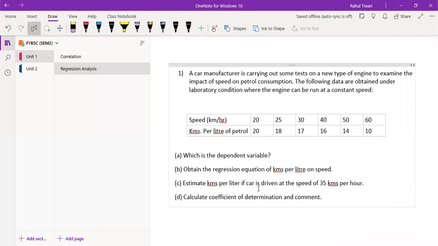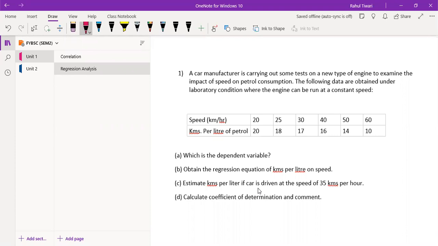You can do many things with regression concepts, but you need to study that topic a little bit. Suppose, as I mentioned, we are given car data, and we have introduced a new type of engine to examine the impact of speed on petrol consumption.